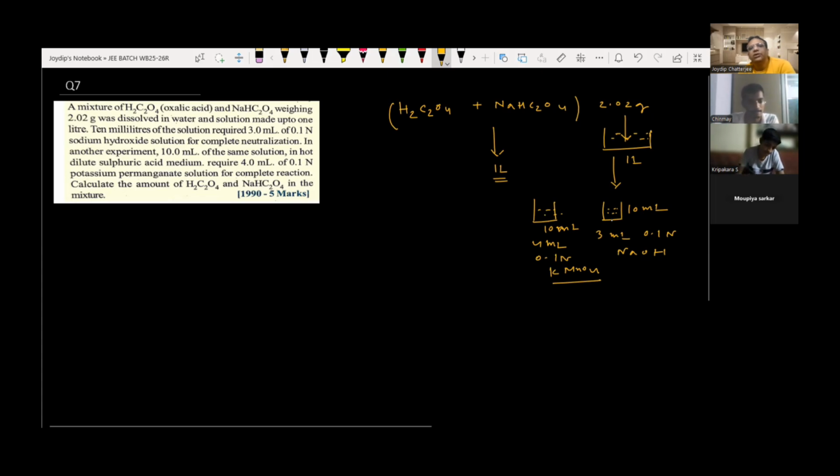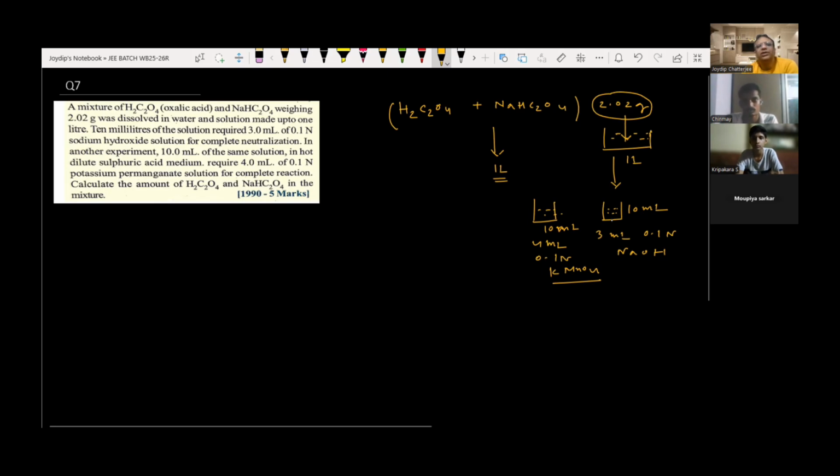Now I am telling you one thing: the basic approach is the same. Here they have given 2.02 gram. You can solve in a very simple manner.